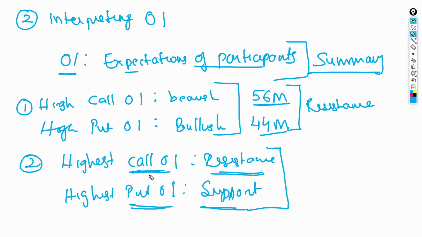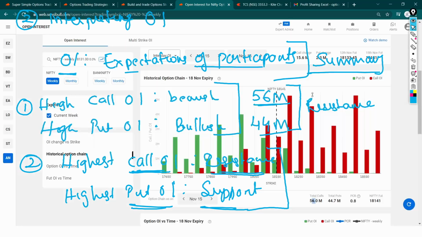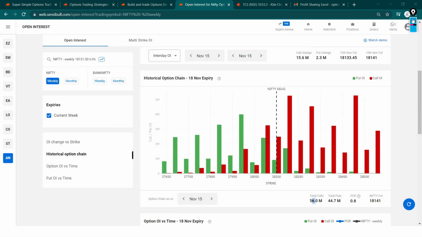And coming to the second part, which call has the highest OI and which put has the highest OI? If we look at this, we can quite clearly see 18,000 put has 4 million, which is the highest on the put side, and 18,200 has 5.3 million. So right now we will just take 18,200 itself. 18,200 has 5.3 million and 18,000 has around 4 million.